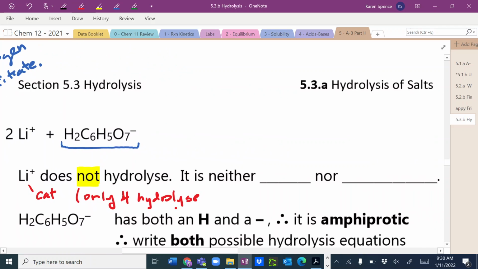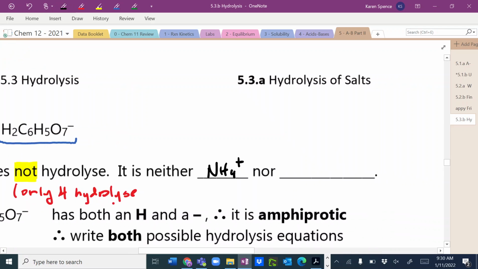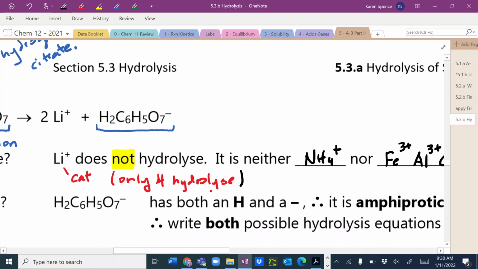Those 4 are ammonium, NH4 plus, and the 3 metals, Al, Cr, and Fe, and their charge is 3 plus each. It's none of those, so it won't hydrolyze.